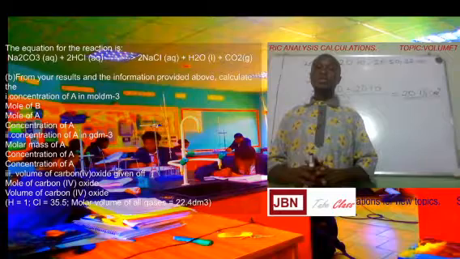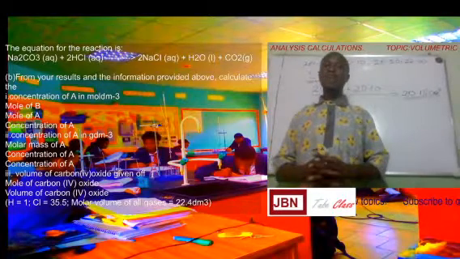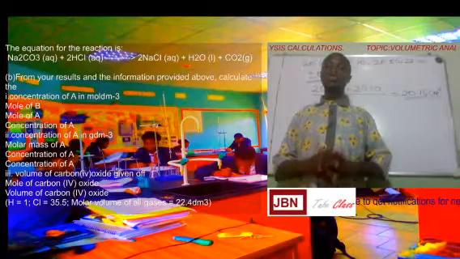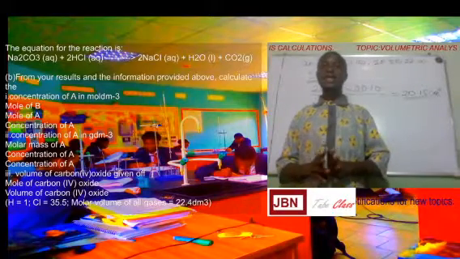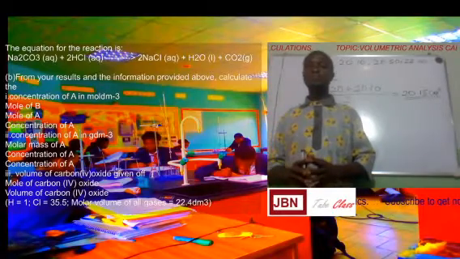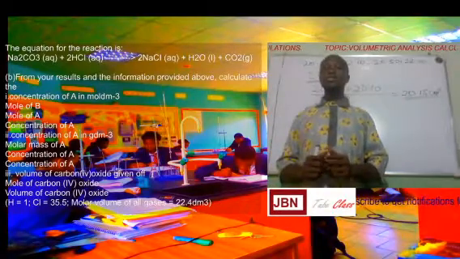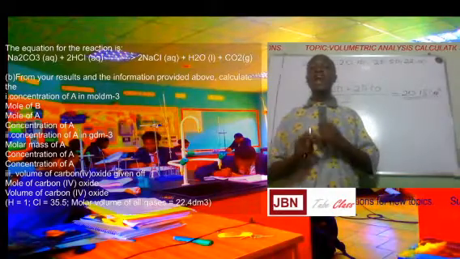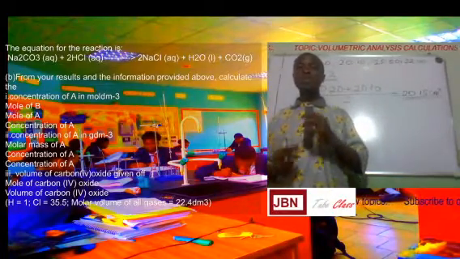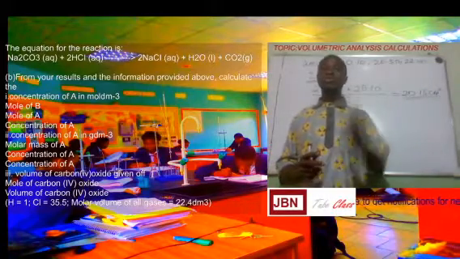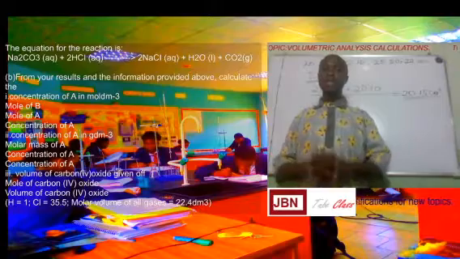You can see sodium carbonate combining with 2 mole of hydrochloric acid to give us 2 mole of sodium chloride, and then 1 mole of water and 1 mole of carbon dioxide. So we are going to use the information from the equation and the average volume of the acid we obtain from the titration result to carry out the following calculations.